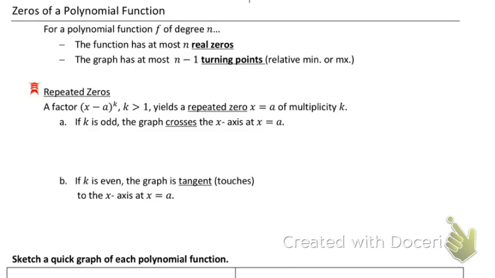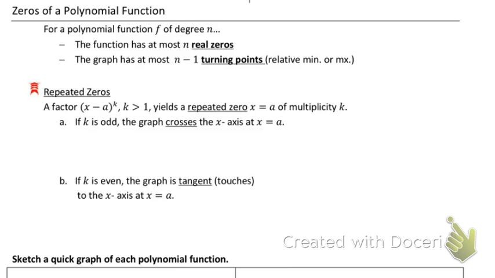Continuing on, we're going to go to zeros of polynomial functions. Now, for a polynomial of n degrees, we said the function has at most n real zeros. So we look at the biggest power, and it has at most that many real zeros because your n power tells you how many zeros you have, whether that be real or imaginary.